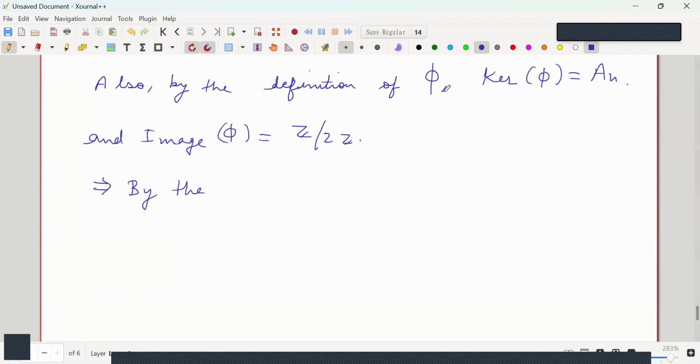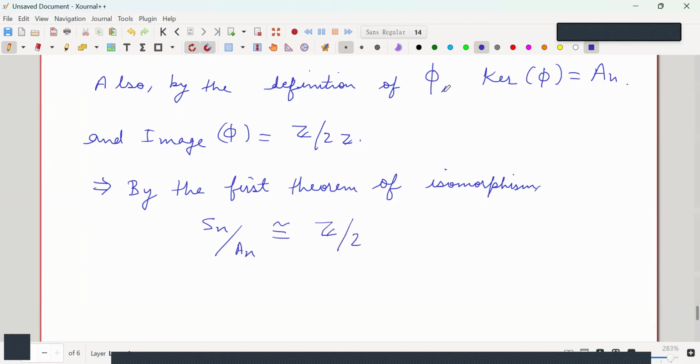So by the first isomorphism theorem, the factor group Sn by An is isomorphic to Z mod 2Z.